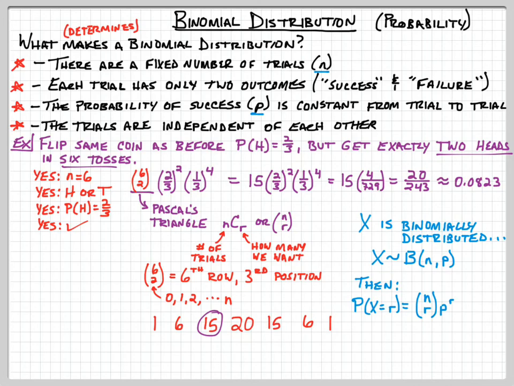So we're taking the probability of success to the r power times 1 minus p, which is the probability of failure, the converse of that. And we take that to the n minus r power. Before, we had 6 trials and wanted 2 heads, which left 4, so failure was taken to the n minus r.